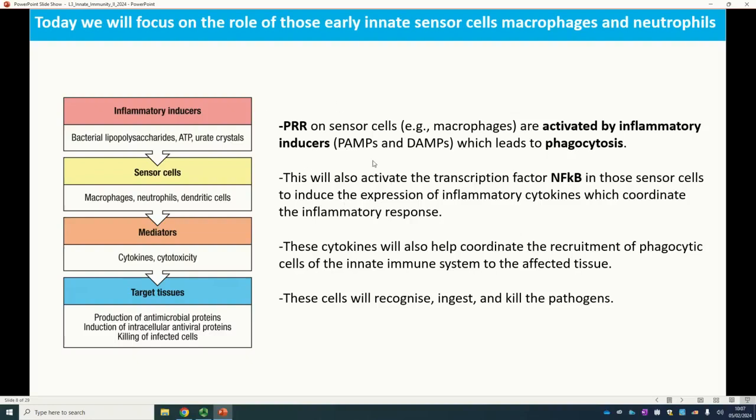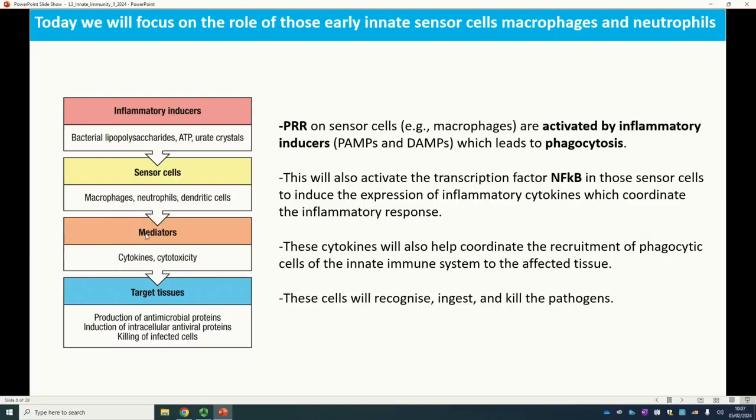Remember we talked about the transcription factor NF-kappa B and the important role that it plays in the immune response. So this will induce the expression of various inflammatory cytokines that will help to coordinate the immune response and the inflammatory response. Remember that the cytokines are those all-important signaling molecules.